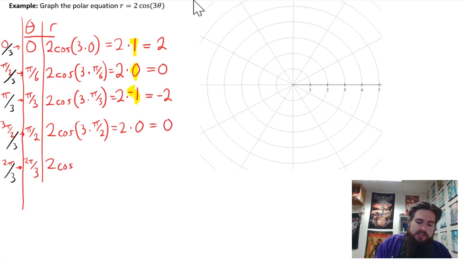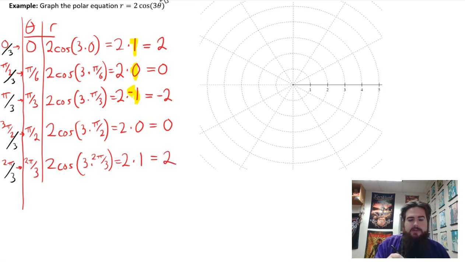And then 2 cosine of 3 times 2 pi over 3, which is 3 times 2 pi over 3 is 2 pi, and cosine of 2 pi is +1, which overall gives me 2. So, yeah, I ended up just getting 2 times these familiar values for cosine. So I've adjusted the original inputted values so I can make this occur. That is very nice and convenient for me. Plus, it's actually going to demonstrate what's happening with this curve. Let's see what that looks like then.